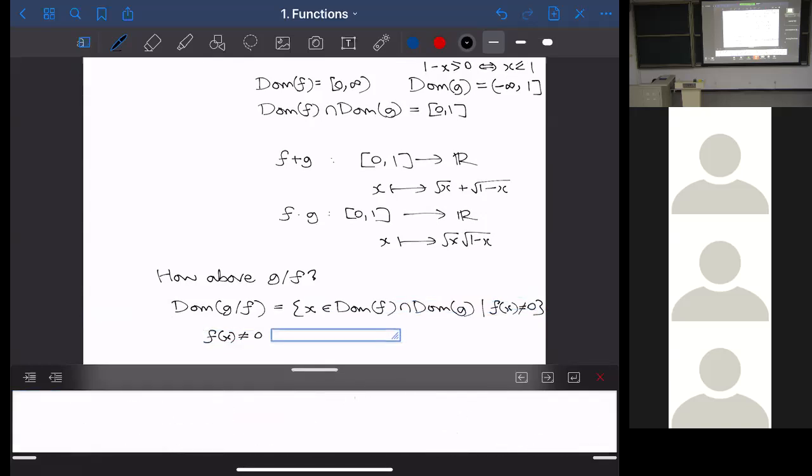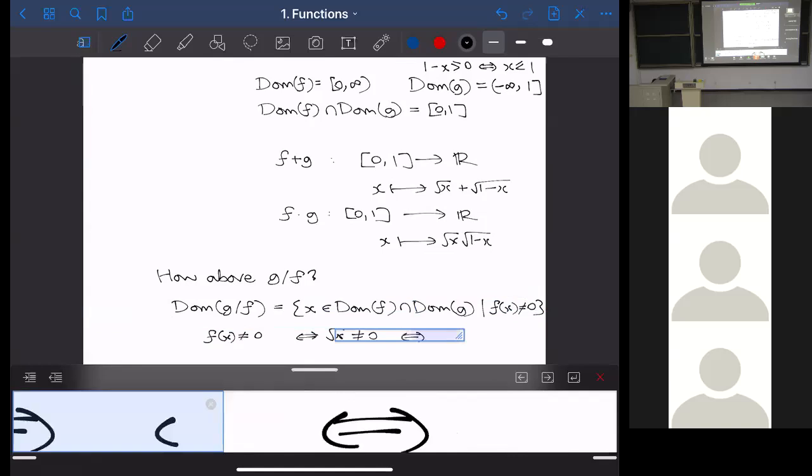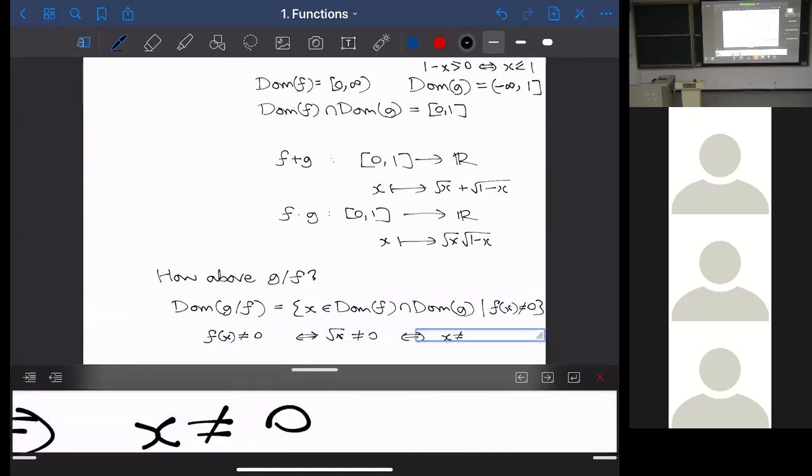F of x is not 0 if and only if the square root of x is not 0. If and only if x is not 0.